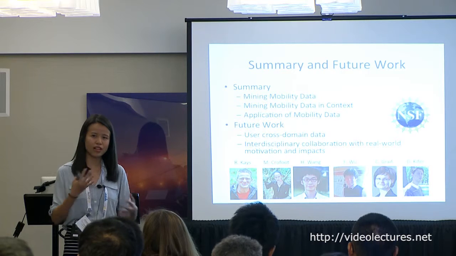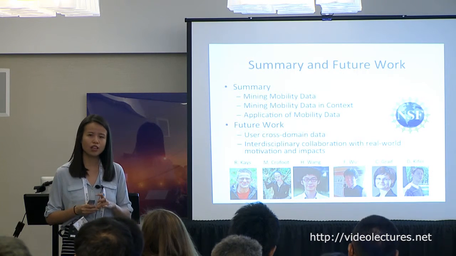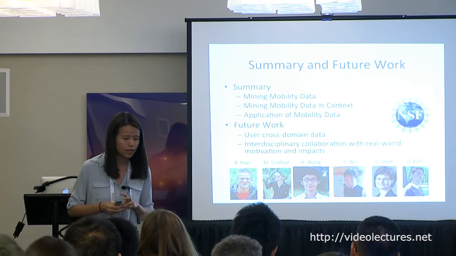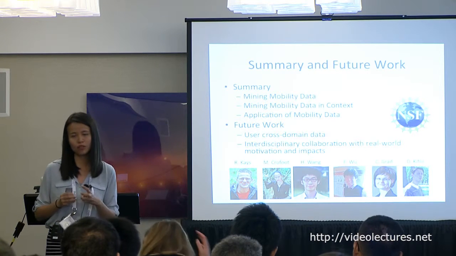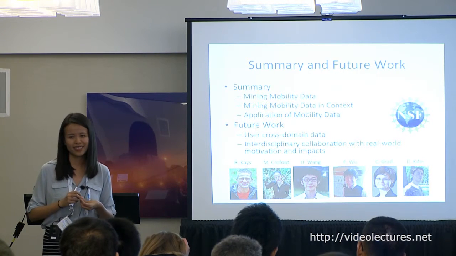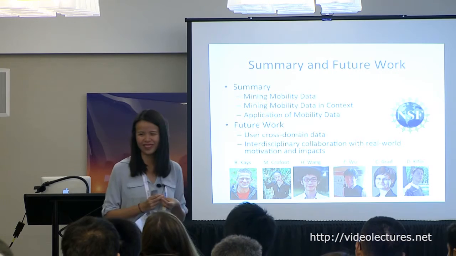Everything is actually correlated with each other. So if we really want to semantically understand the trajectory, we have to use the external context. Okay, so that's it. Thank you.